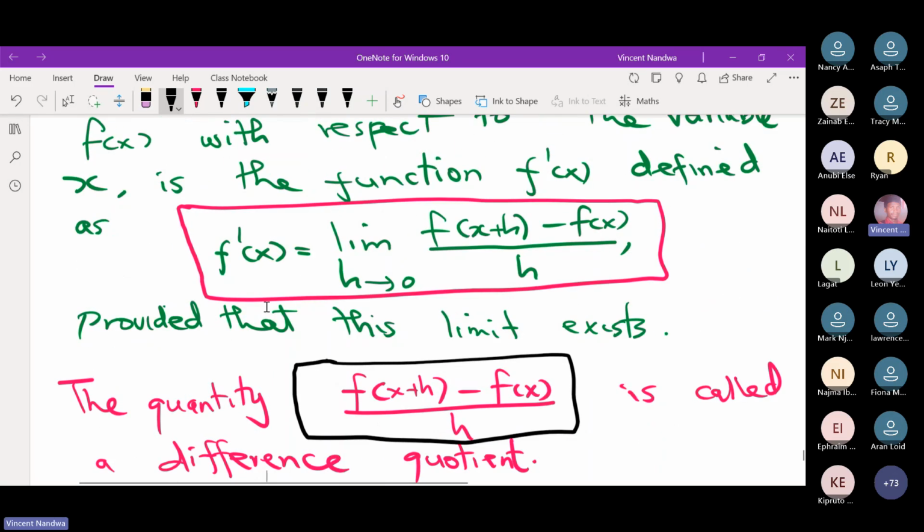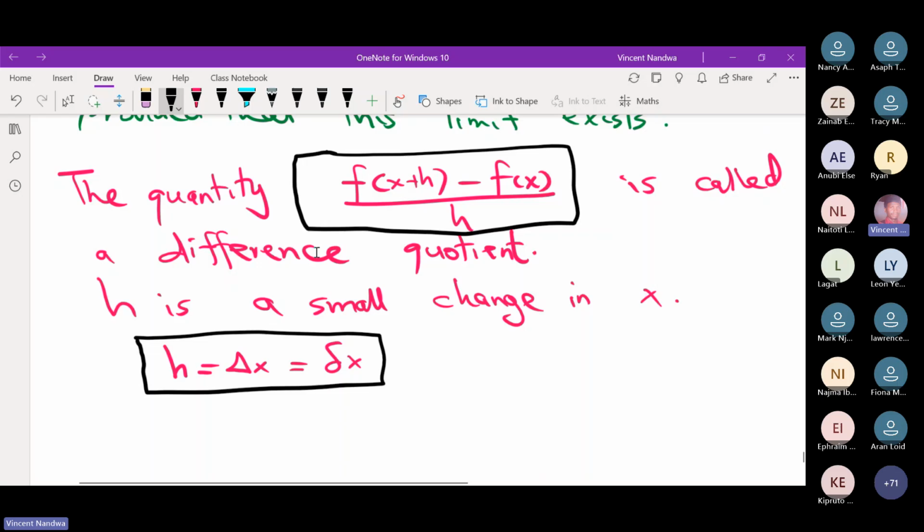I want you to call this 1. This definition of the derivative of a function f of x, given by the limit as h approaches 0 of f of x plus h minus f of x over h, I want us to give the name equation 1 or formula 1.